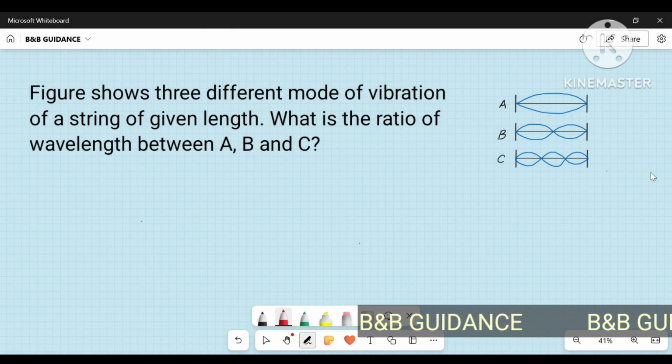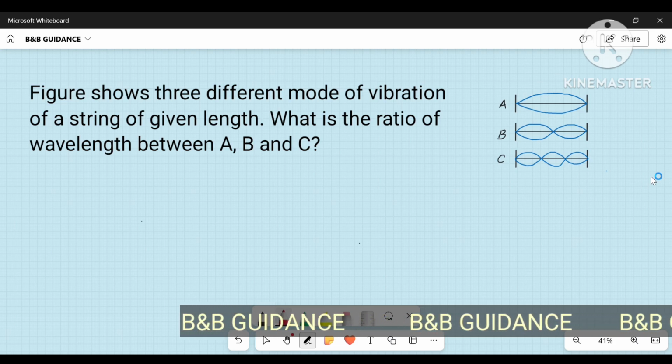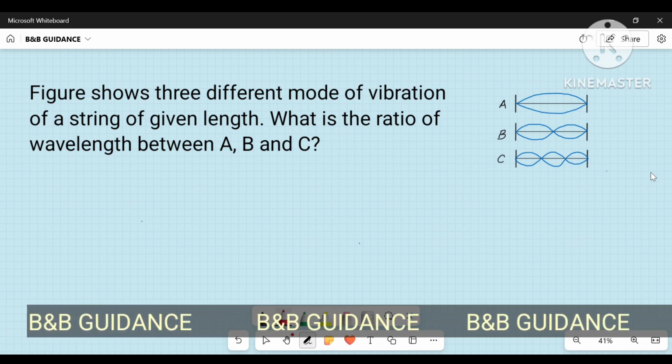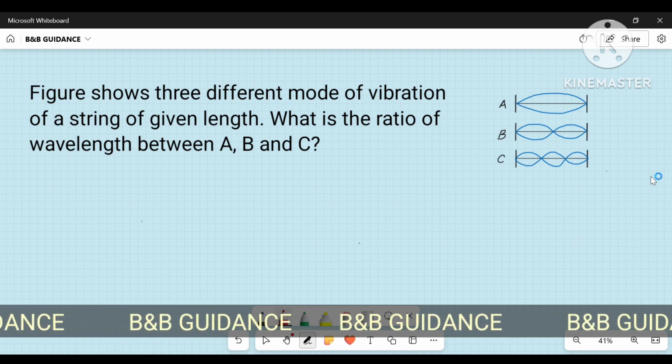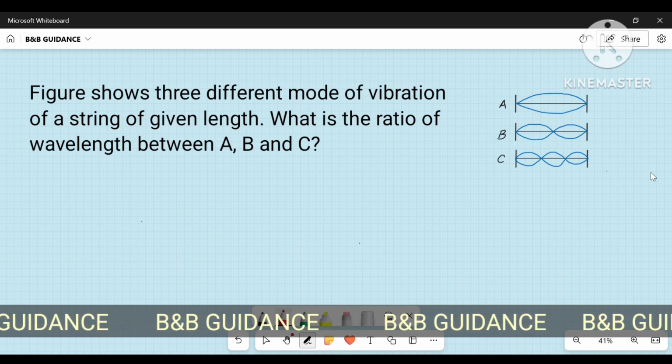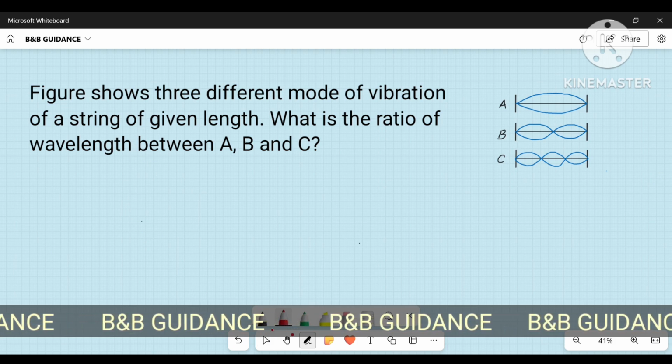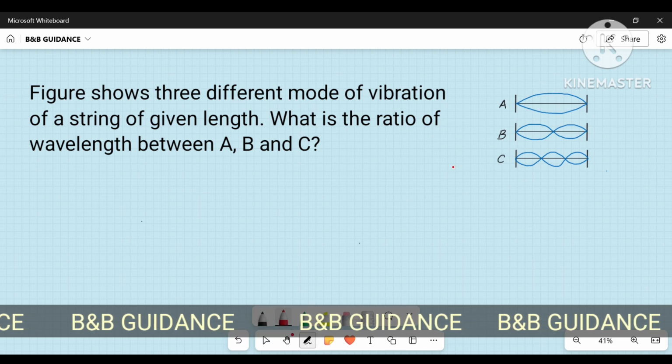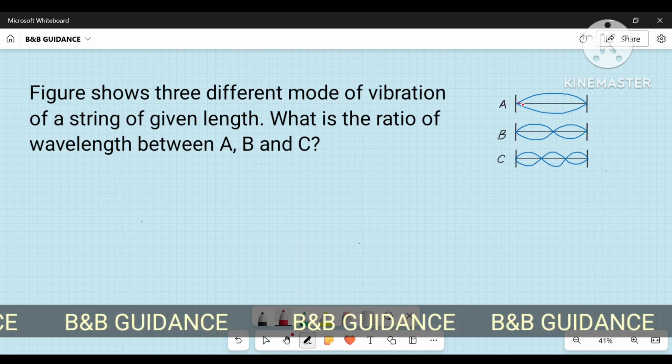Here the question is to find the ratio of wavelengths of different modes of vibration A, B and C. When you look at the diagram, this first one, A, here there is only one loop, that is fundamental node.